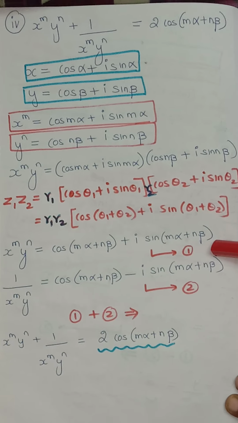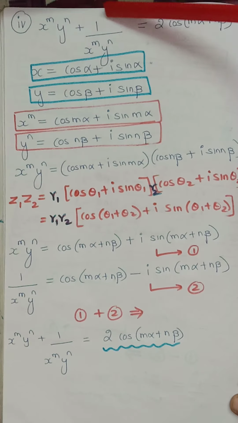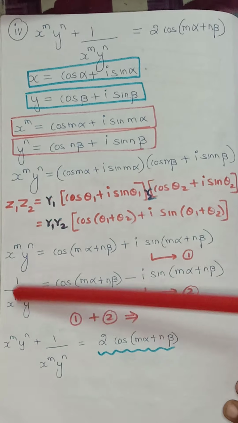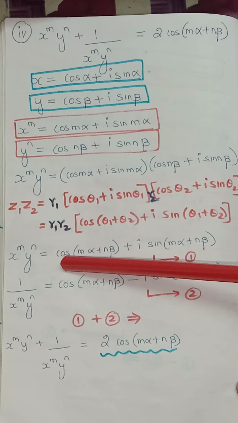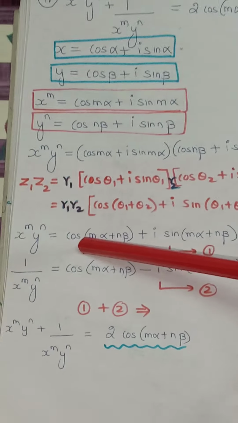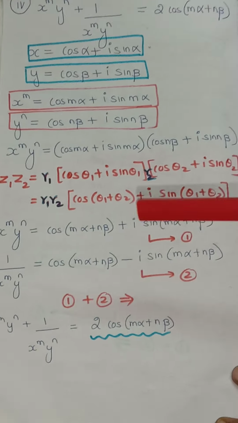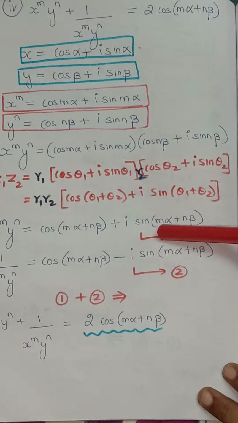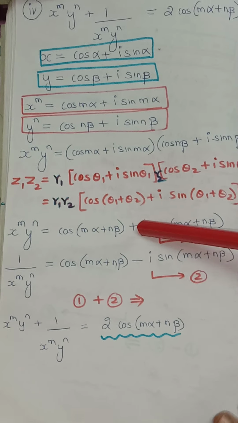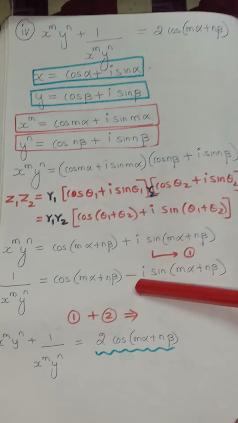Put this as equation number 1. See the next term in the question. It is the reciprocal, so I have to find the reciprocal. First you check what will be the modulus of this complex number. Since we are having cos and sin, surely the modulus will be 1. So simply if you find the conjugate, that is enough. Instead of plus sign, I have to just put minus sign.